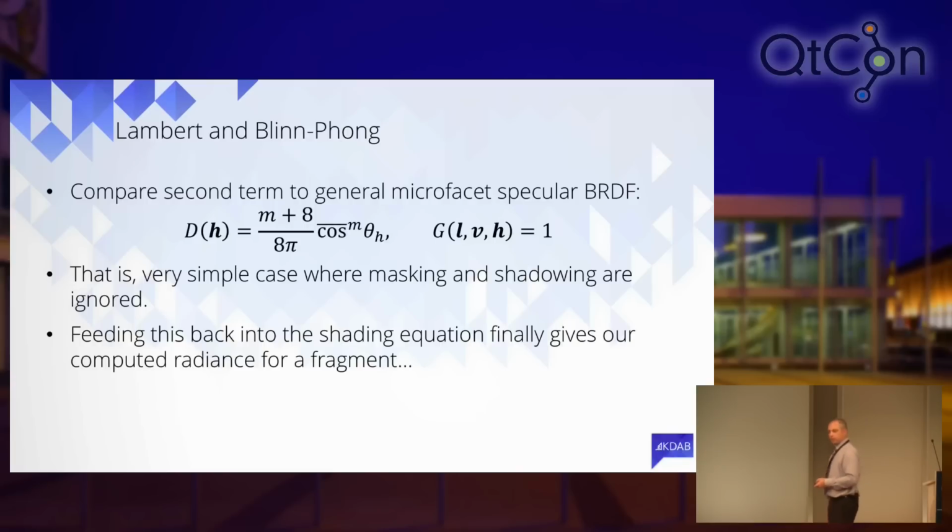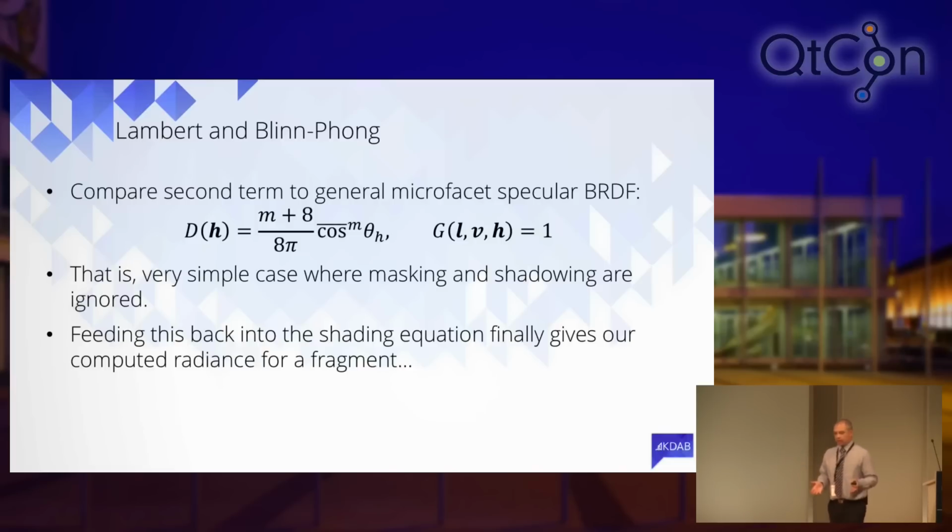Now, there's other BRDFs available that do have a very different visibility term. So there's the Smith visibility term, which is often used in conjunction with a specular BRDF term called GGX. If you want to find out about those, just go have a look on the internet and Google. You'll find out lots and lots of stuff.